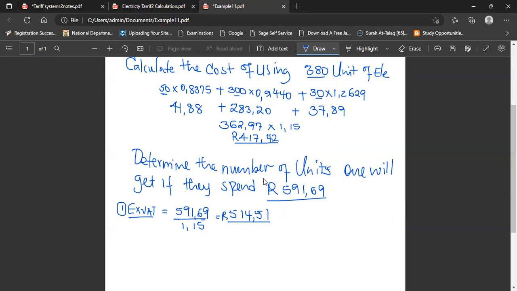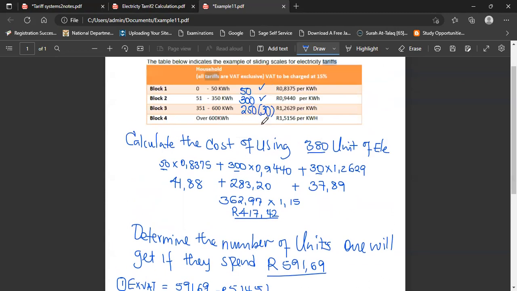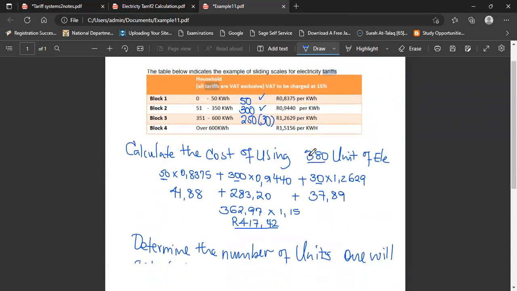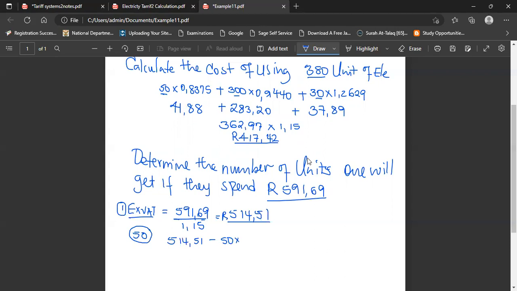So having got this much money without VAT, number one, I will have to subtract the cost for the 50 units, because this is what you start with. So we shall say minus 50 times 0,375.